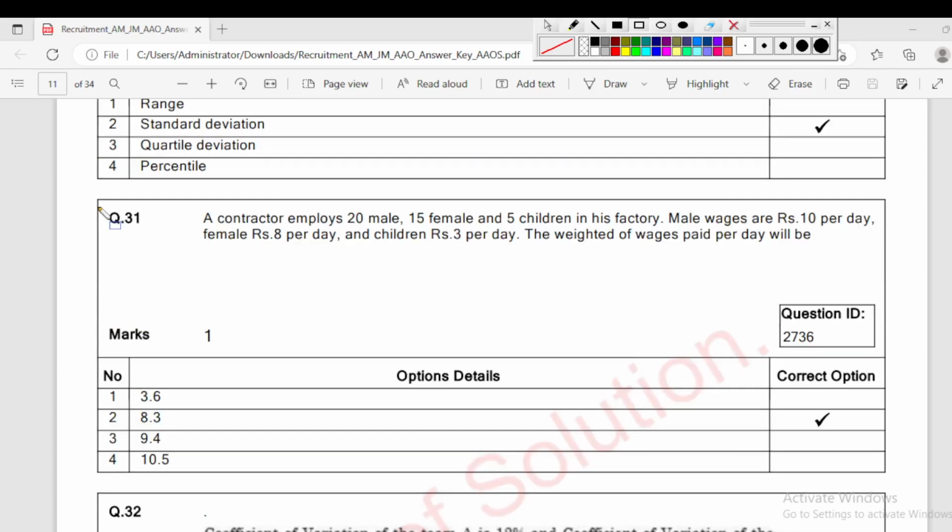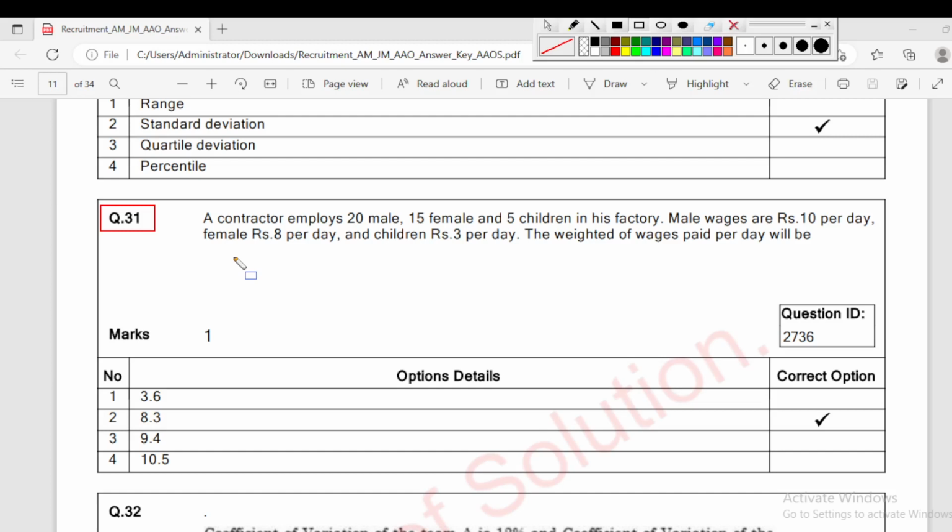Question number 31. A contractor employs 20 male, 15 female and 5 children in his factory. Male wages are rupees 10 per day, female rupees 8 per day and children 3 rupees per day.